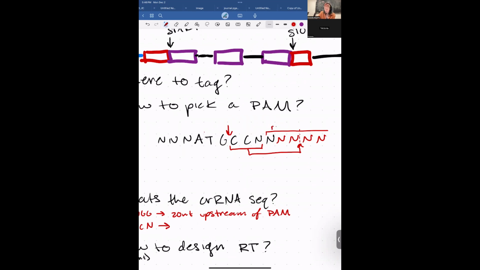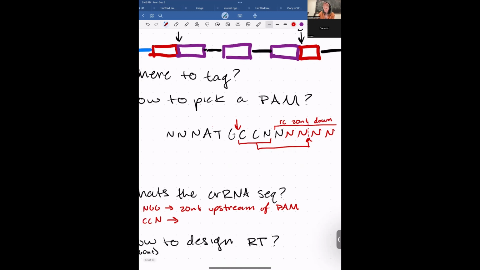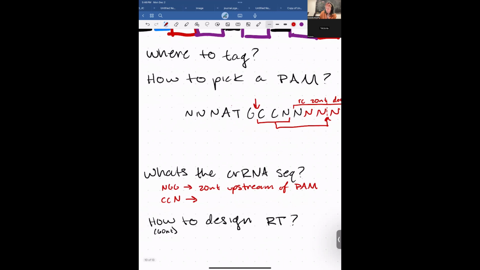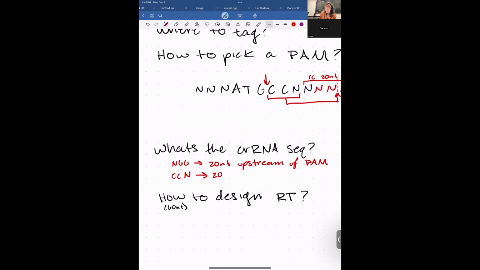So reverse complement of 20 nucleotides downstream. Okay, I'm going to write that as a rule here. For the CCN PAM, the CRISPR RNA is the 20 nucleotides downstream. That this would be the reverse complement.